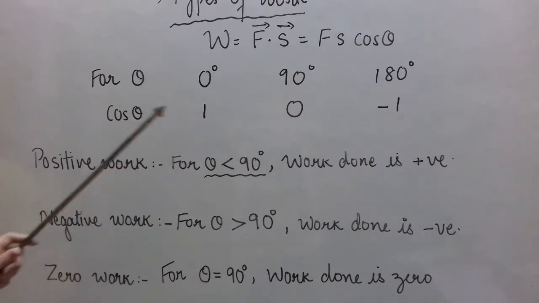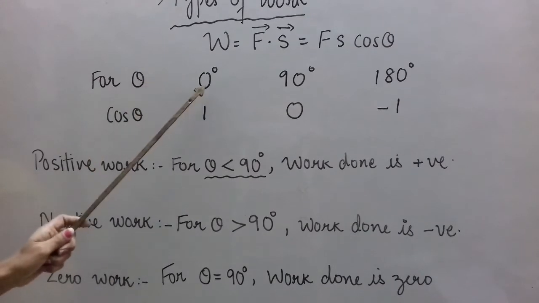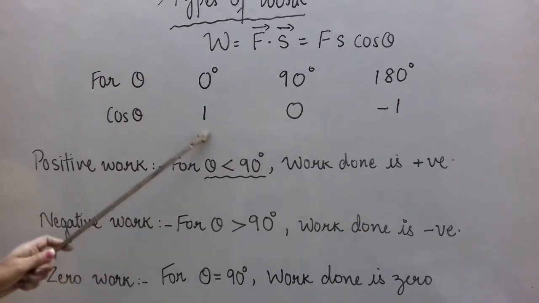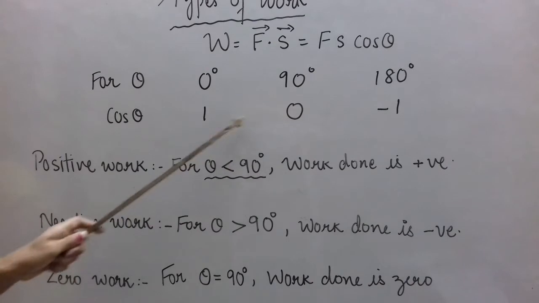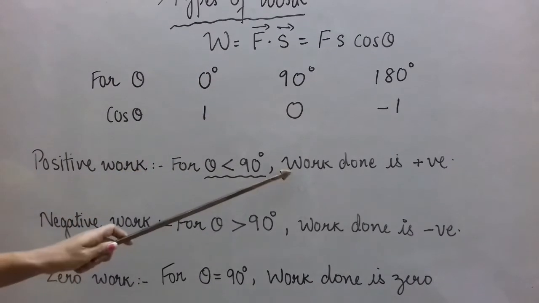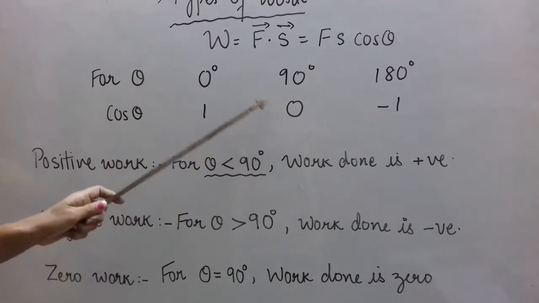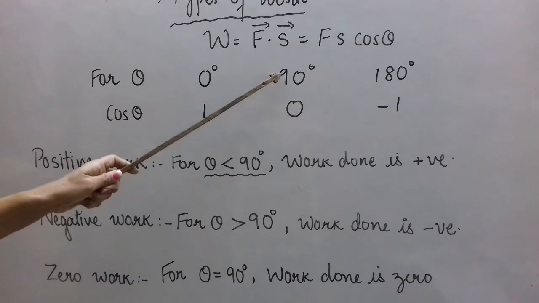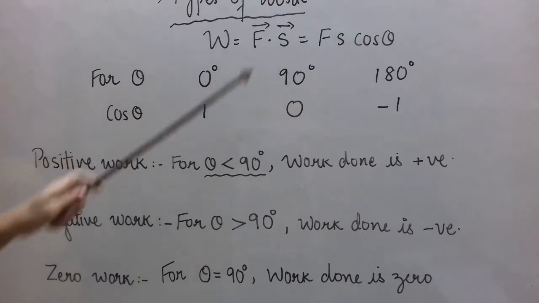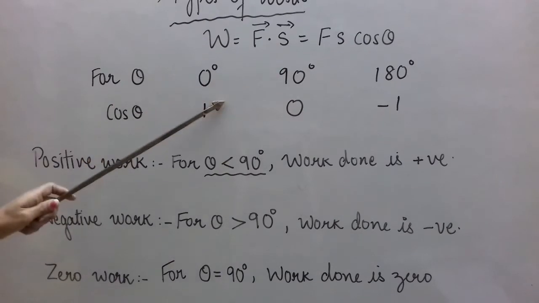Now, as we can see here, when theta is lying in this range, that is, it is less than 90 degree, then work done will be positive because cos will be positive. For theta less than 90 degree, that is when angle between force and displacement is acute, what will be the value of cos theta?